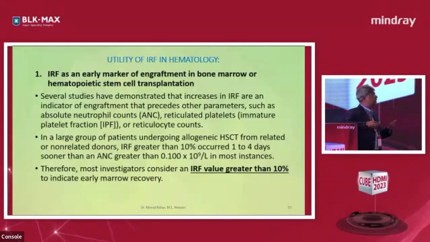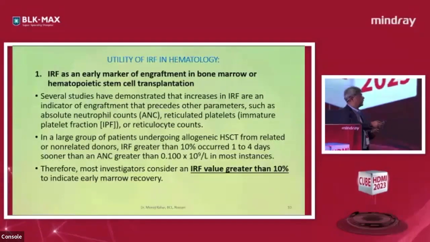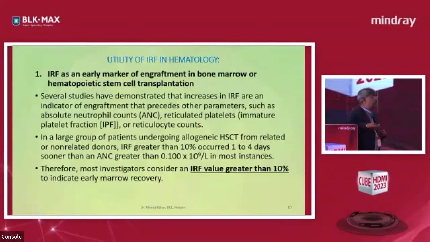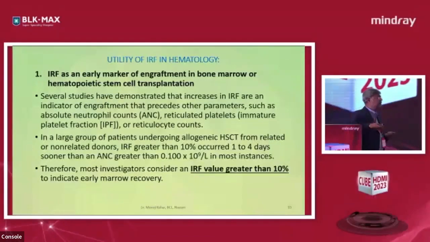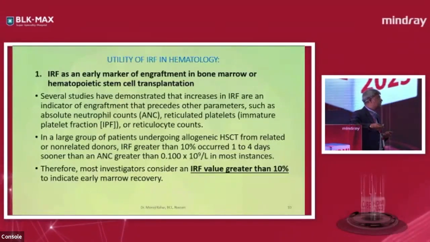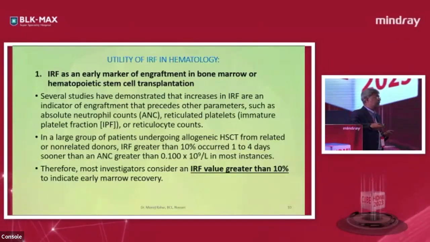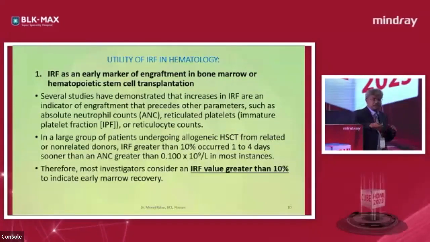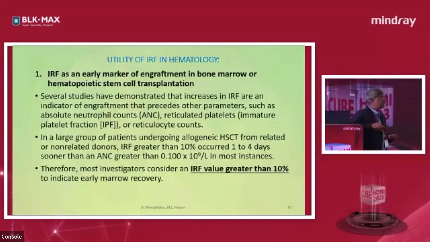So it's a good parameter to demonstrate engraftment. In a large group of patients undergoing allogeneic hematopoietic stem cell transplant from related or unrelated donors, IRF greater than 10% occurred 1 to 4 days sooner than ANC greater than 0.1 × 10⁹ per liter in most instances. Most of the investigators consider that an IRF value greater than 10% indicates early marrow recovery.